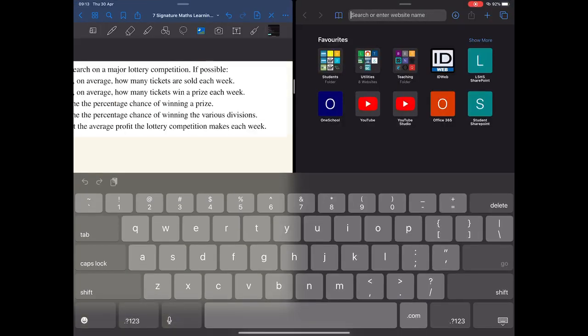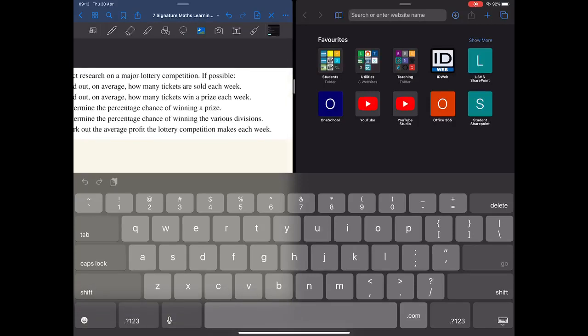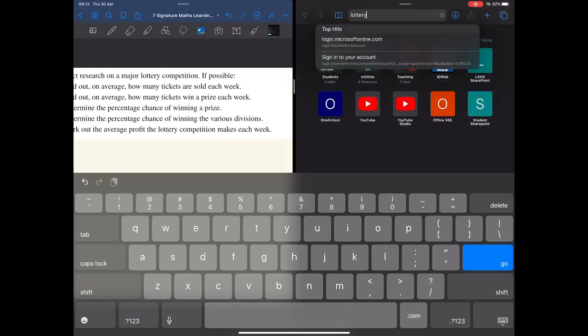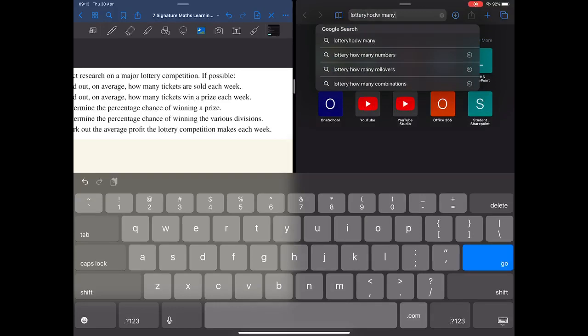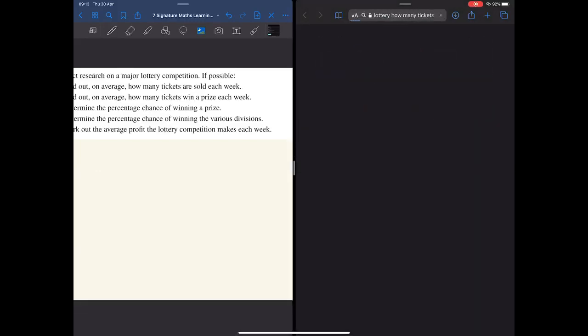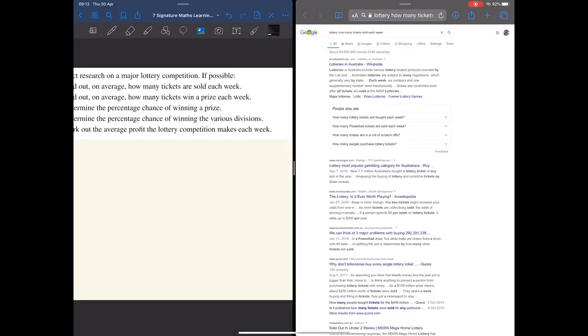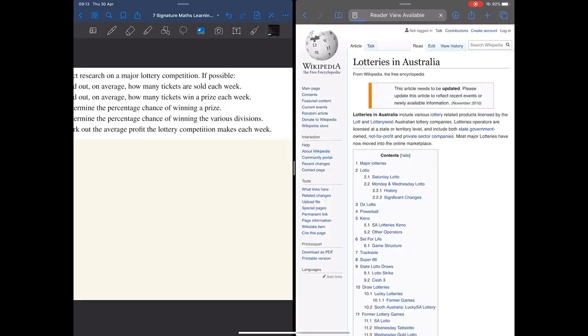So we can go lottery. How many tickets sold each week? Lotteries in Australia from Wikipedia.